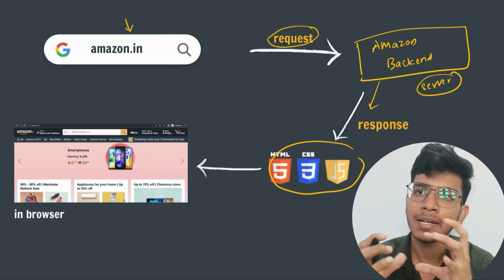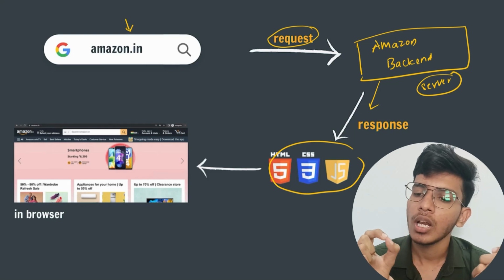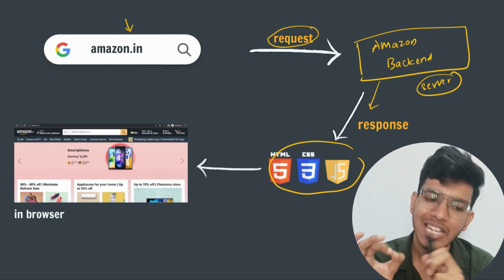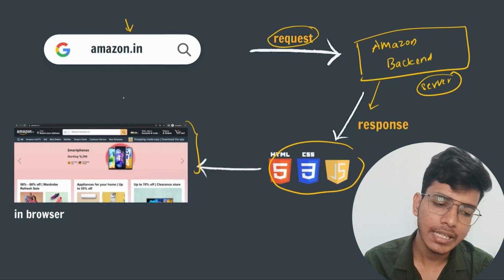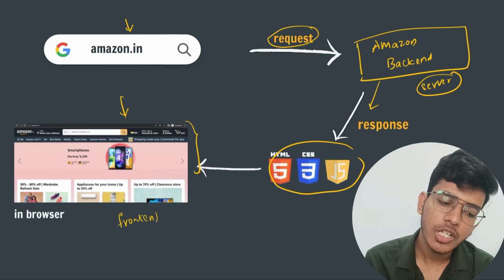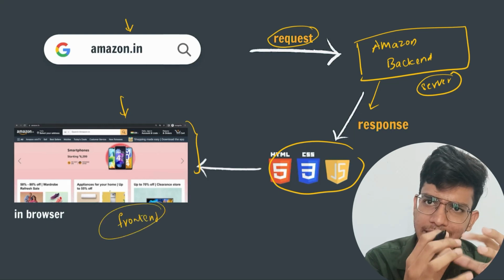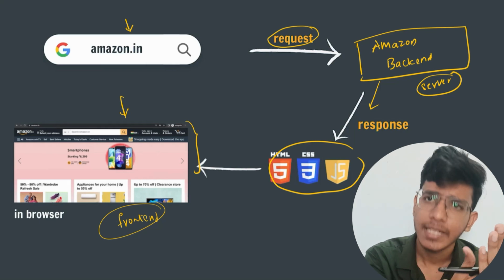That bundle will get combined and will result in the integration of the website. Finally, on the front end, this is known as front end. Whatever you are seeing on the interface of the website is known as front end.